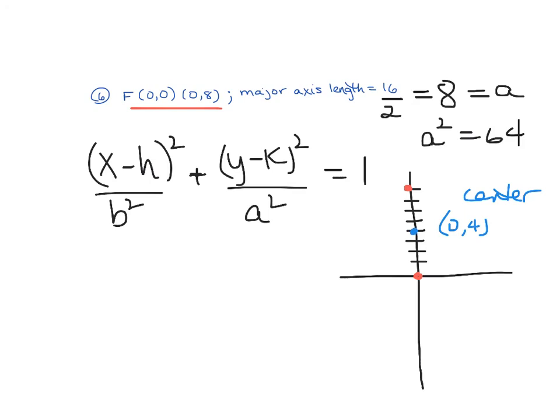So far I have everything except for the b squared. So again, I'm going to do c squared equals a squared minus b squared. And again, I'm going to find the distance or use this center point. So my c value is 4 and c squared is 16.